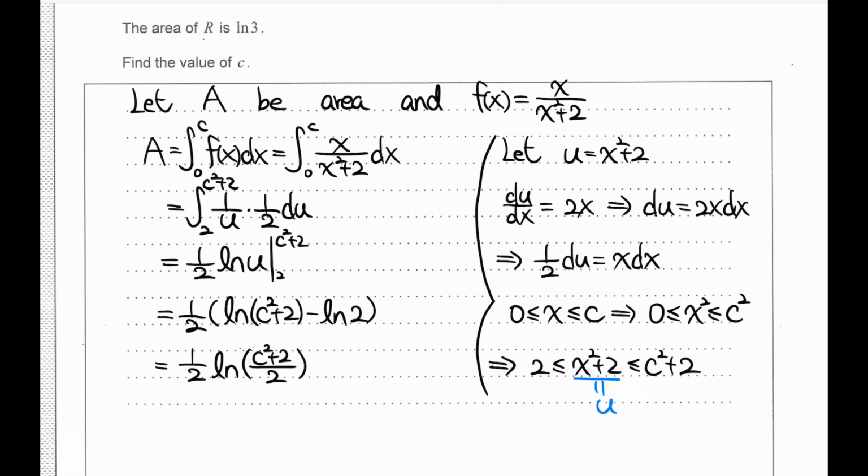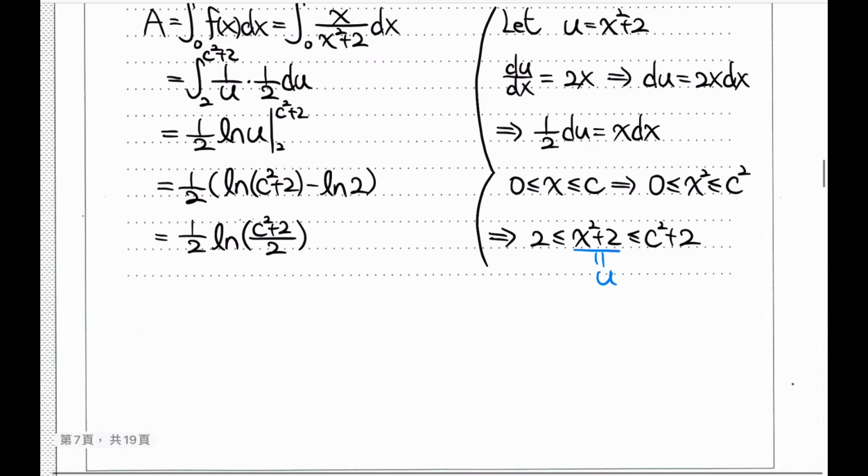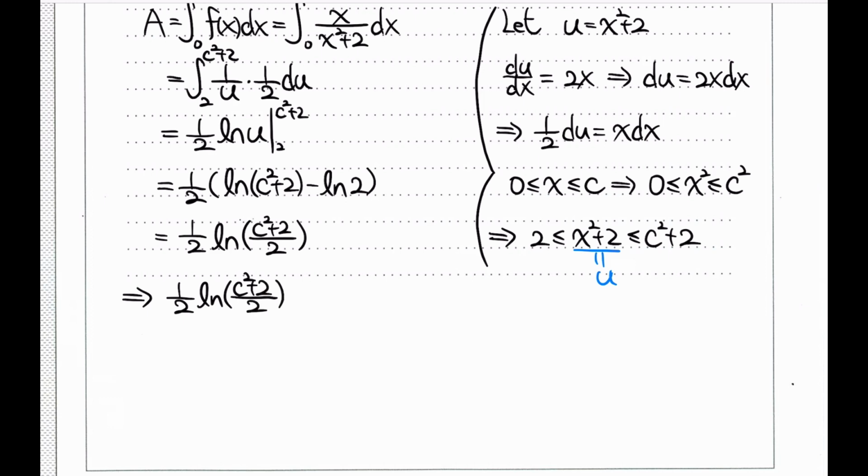Okay. And from our assumption, we know that A is equal to ln 3. So this implies that 1/2 ln of c squared plus 2 over 2 is equal to ln 3.